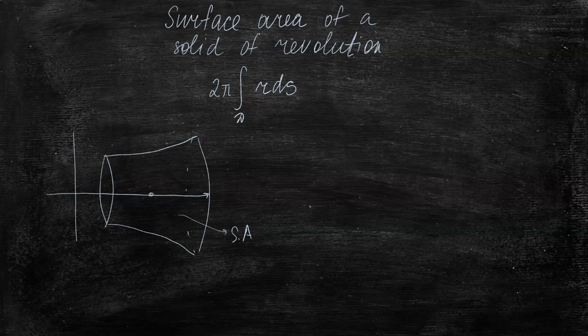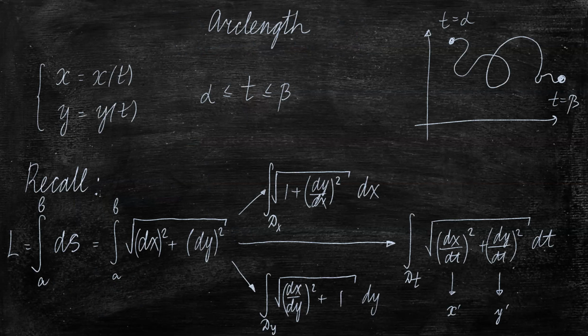In this case, this is our r, and it will be the y value. And the surface area formula was then an integral from a to b. 2 pi can be written inside, it doesn't really matter, and r is y, and ds we interpret the same way we interpret it in the arc length formula.